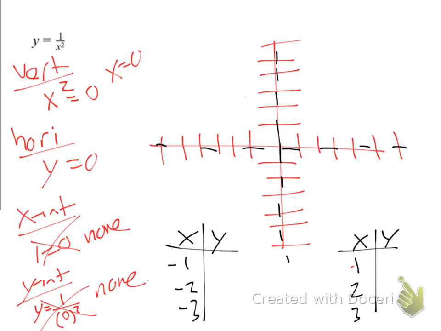What's 1 divided by 1? 1. Negative 2 squared. 4. 1 divided by 4 is 1/4. Negative 3 squared. 1/9.